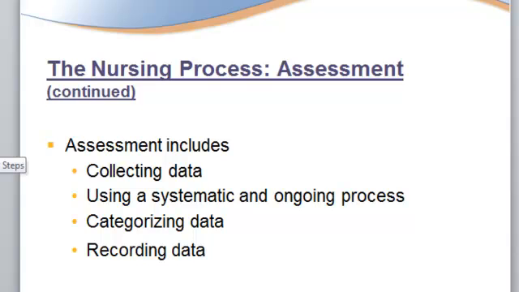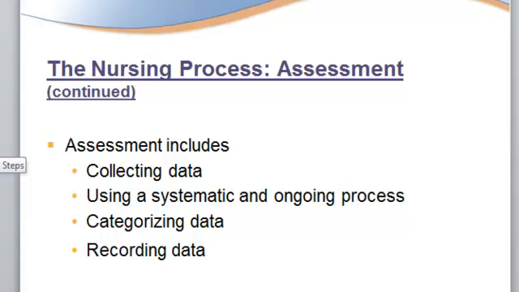So when we go in, we use all of our nursing tools and our skills of inspection, palpation, auscultation. So we gather all that data from what the patient says to us.